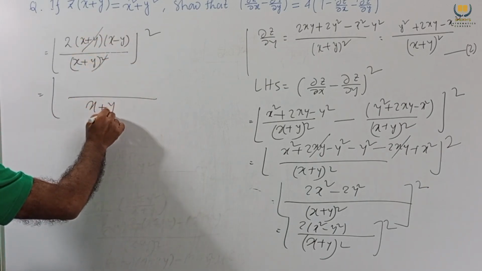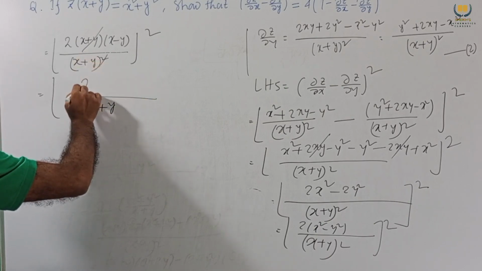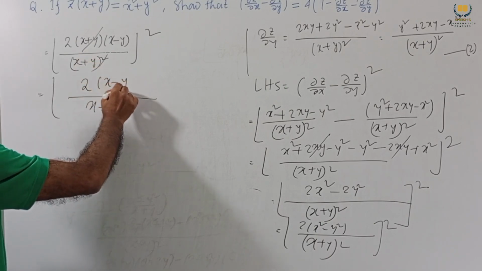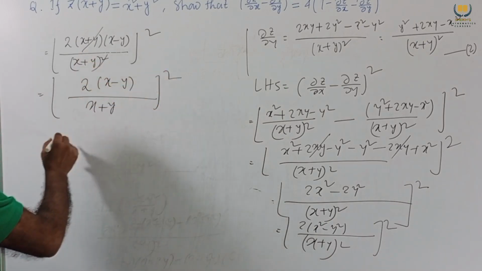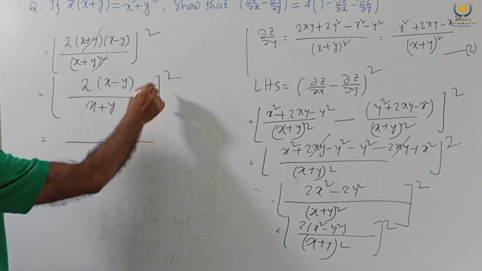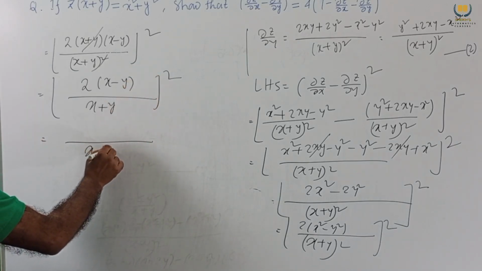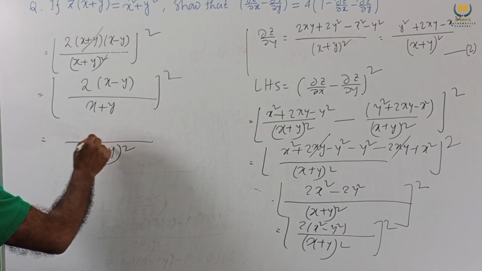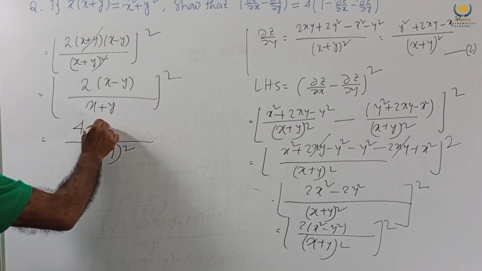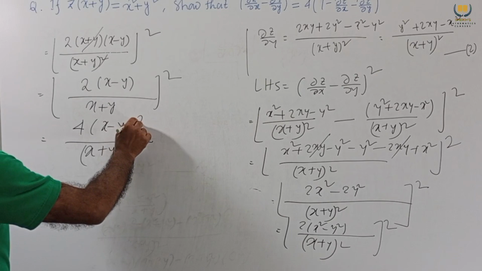We get (x plus y), and this is 2 into (x minus y) whole square, and this will be (x plus y) whole square and 4 into (x minus y) whole square.